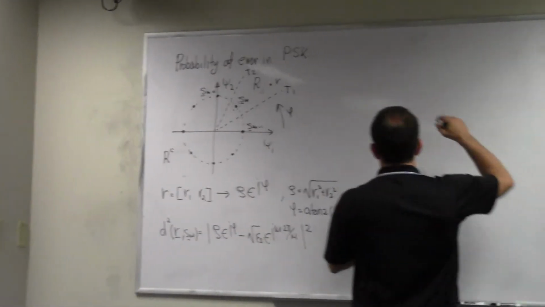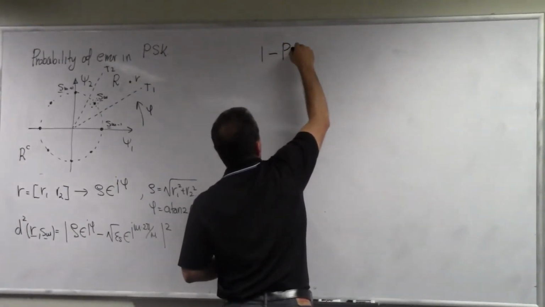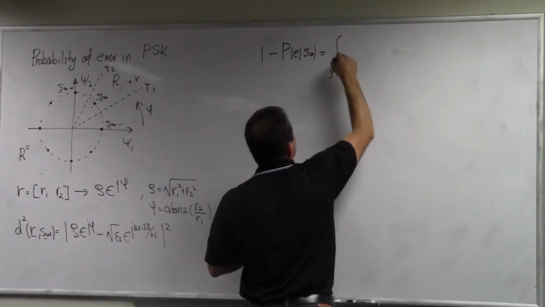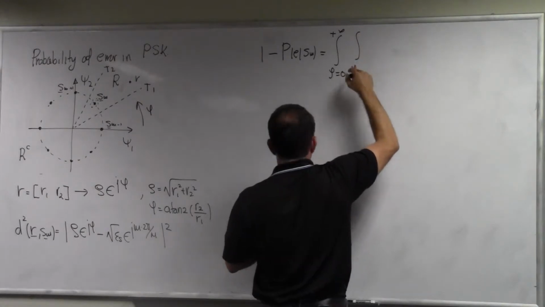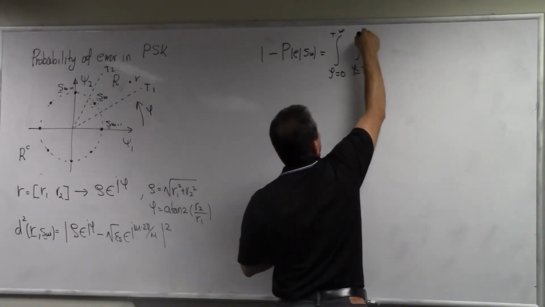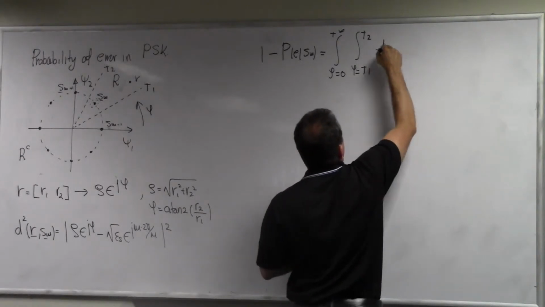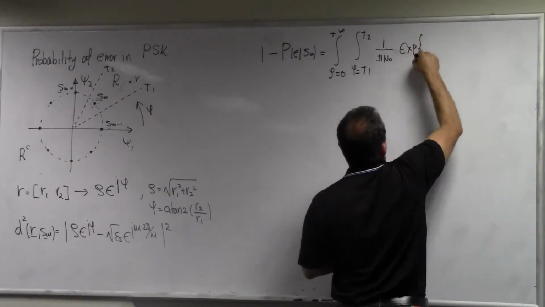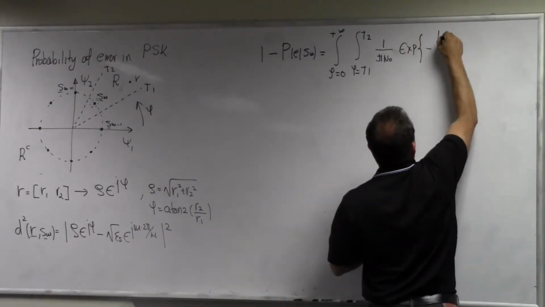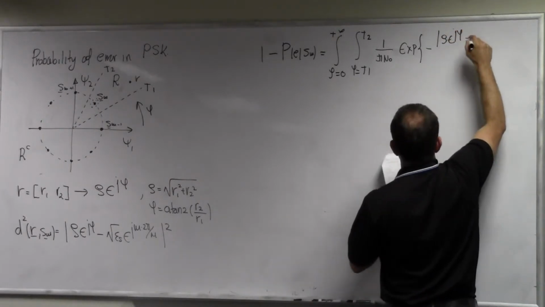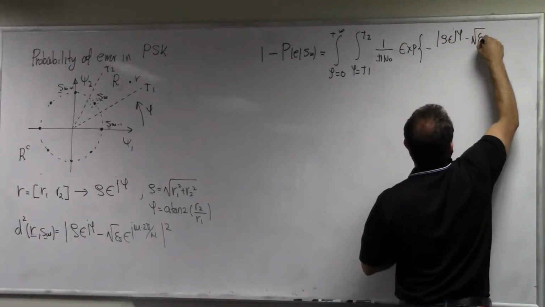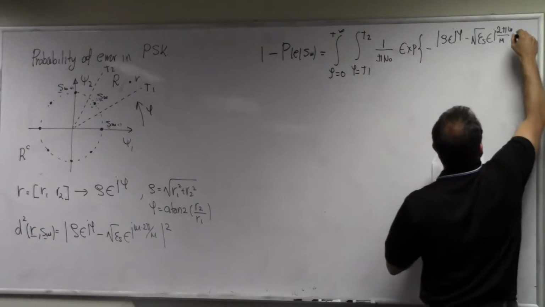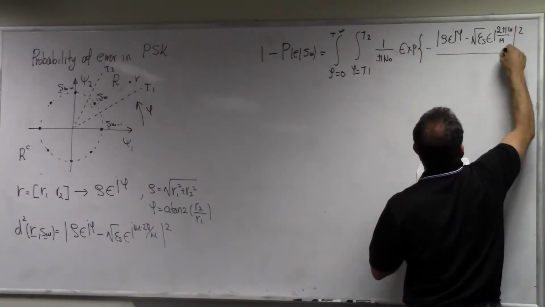So, therefore I have something like this: 1 minus probability of error given that Sn has been sent. I'm going to say it's rho going from 0 to plus infinity, phi going from T1 to T2, 1 over pi N0, e to the minus magnitude of rho e to the j phi minus square root of epsilon s e to the j 2 pi m over capital M, squared, divided by N0.